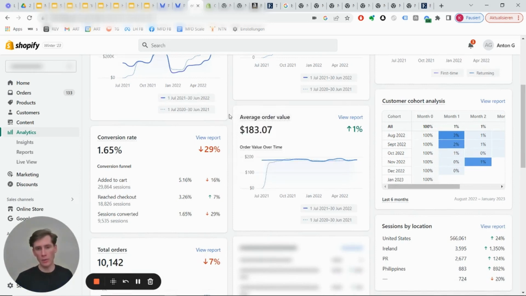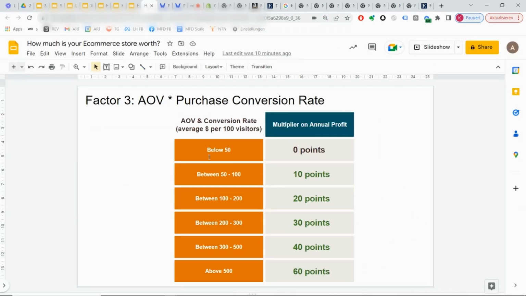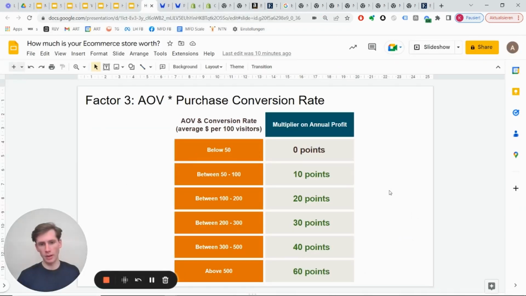And even though the average order value is, I think, $130 or something like that, it would definitely be in the lower category because the conversion rate is just very low. And of course, last thing I want to say here, you will be able to demand a higher multiple if that number is higher and definitely above 500, because in any case, let's just assume that you're able to get a 1% conversion, right?